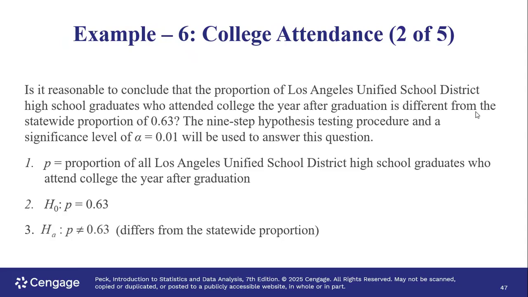So a point to note, if you want to use the calculator, we need to know not only the sample proportion, but the number of successes, or X, in the sample out of a sample size of n, which in this case was 500. The number of successes is obtained by multiplying the sample proportion with the sample size. We need that information, the value of X, to plug into the calculator.